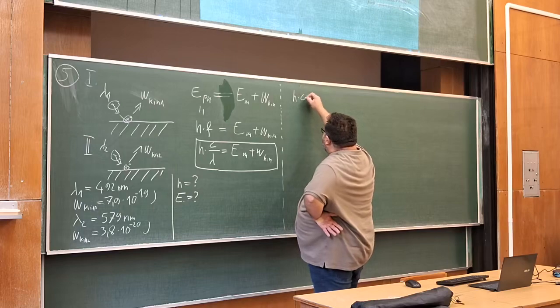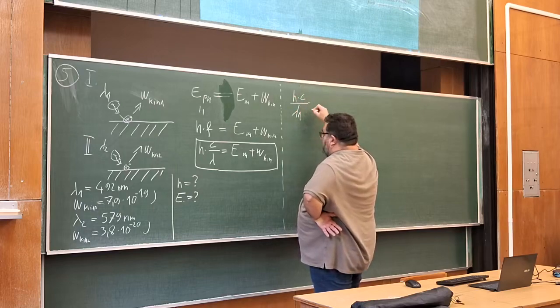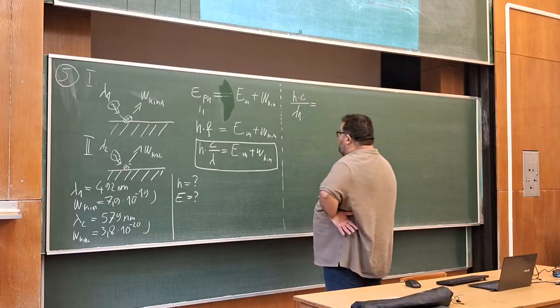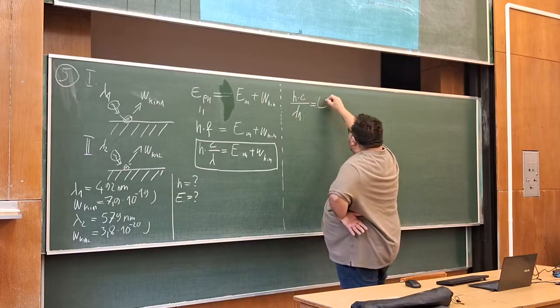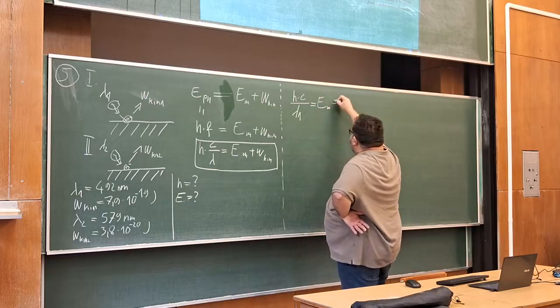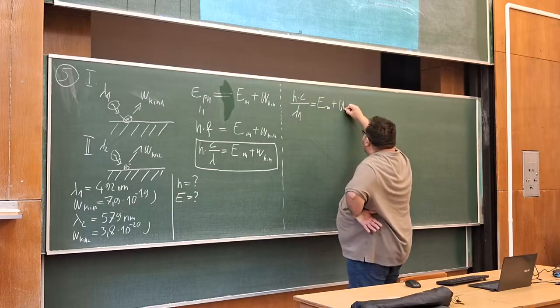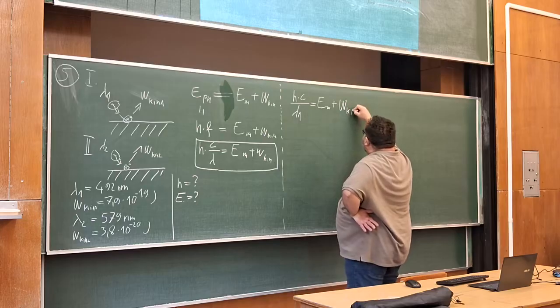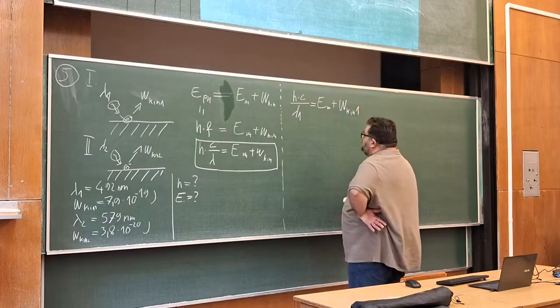We have the speed of light. We have lambda 1. We have this mystic stuff of the metal. And we have the kinetic energy of the electron.